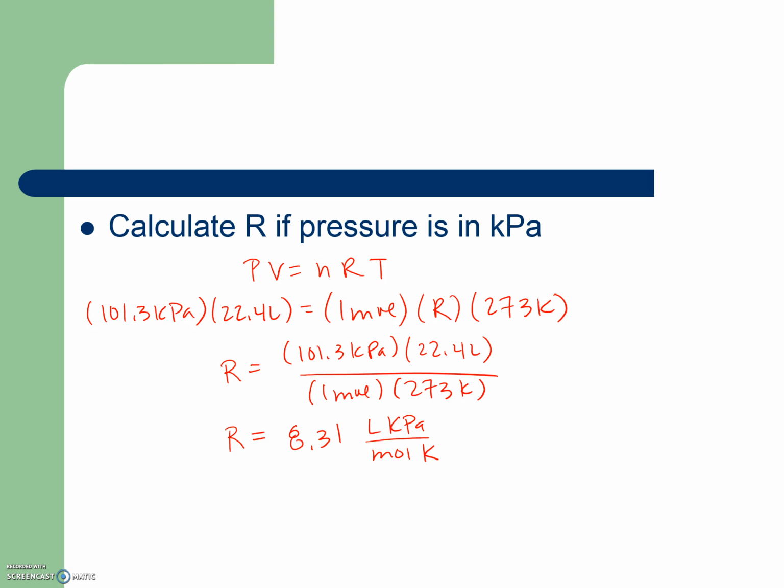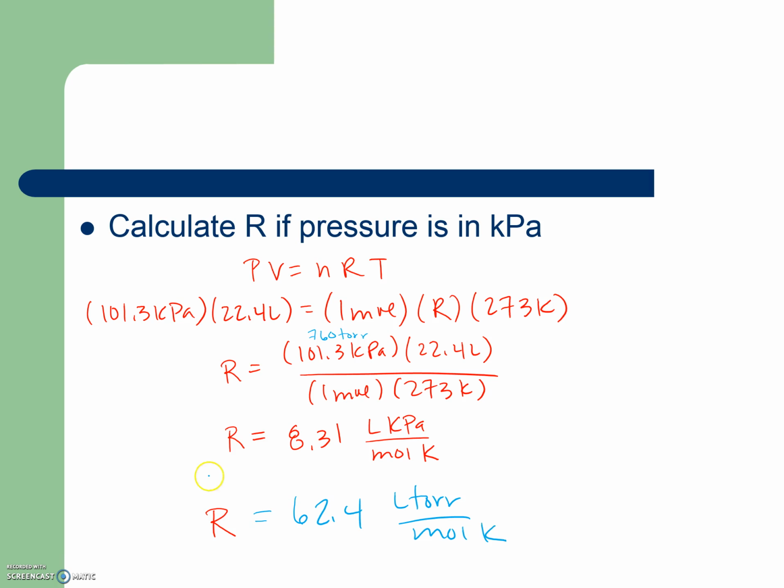If R is in torr, this number here would have been 760 torr. And so if I resolve it with everything being the same, this constant is 62.4 liter torr over mole Kelvin.